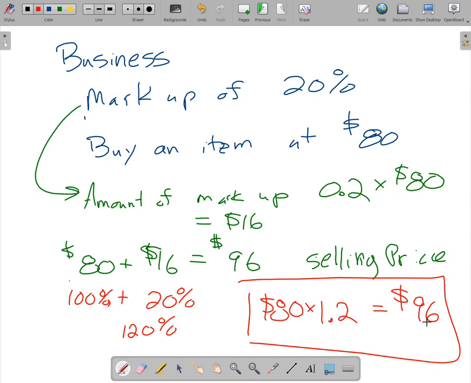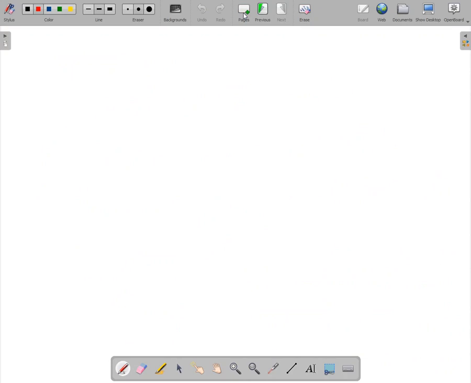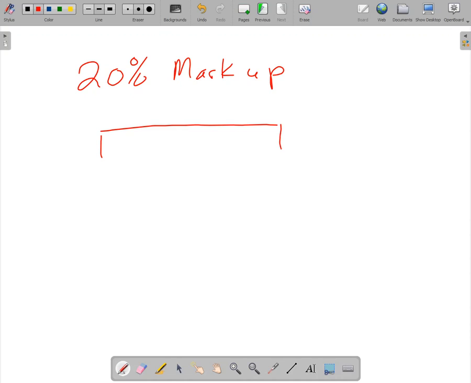So, drawing a picture of that. Usually I start my picture with a rectangle for 100% or a square for 100%. So this is going to be my 100%. Then I have to include the markup, so I have to add 20% to this.